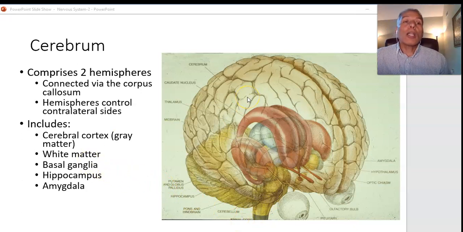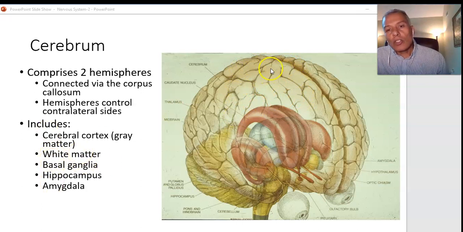So the parts of the cerebrum, you need to really pay attention, because names can be confusing. First, understand the cerebellum is different than the cerebrum. And the cerebrum has all these parts.